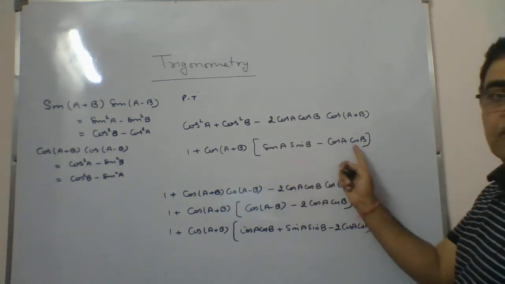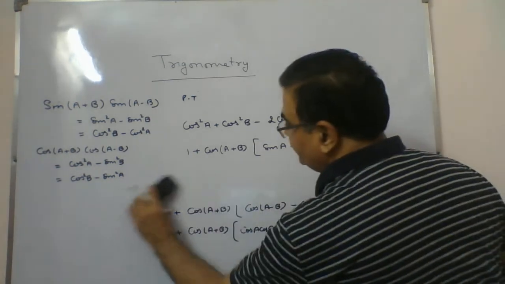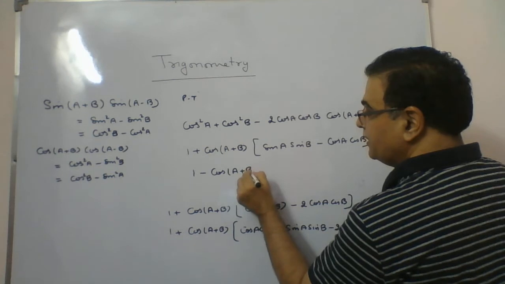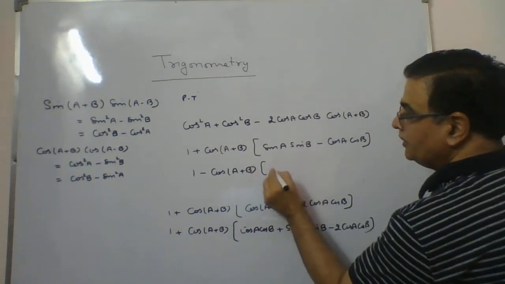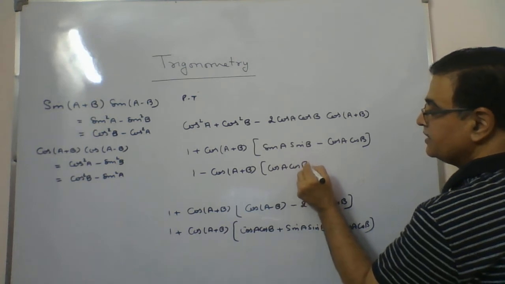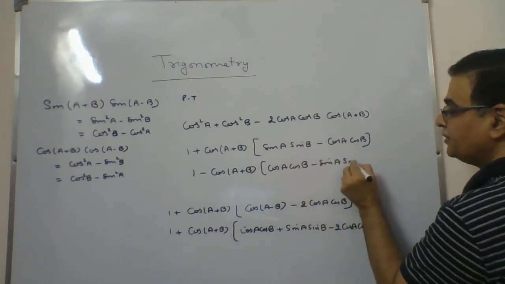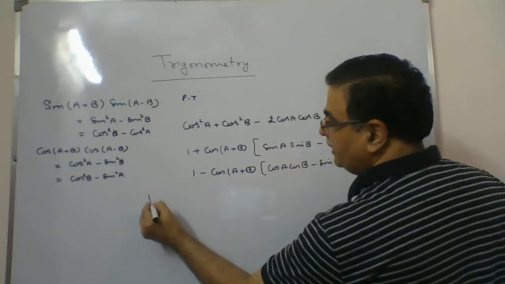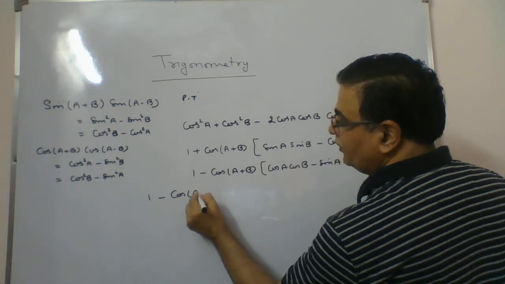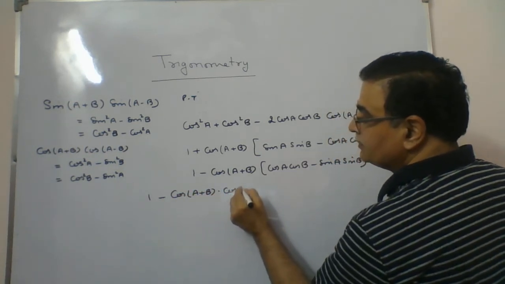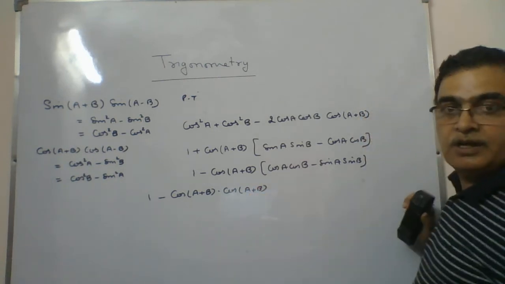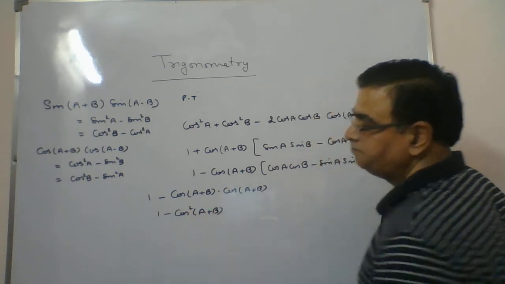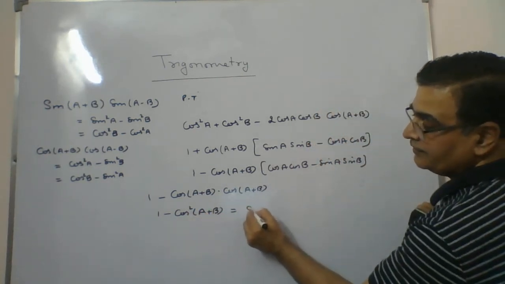And it is again a reverse formula, so we should take minus common from it. So I should write this as 1 minus cos of A plus B, and then this come out to be cos A cos B minus sin A sin B. And then it is clearly a formula of 1 minus cos of A plus B into cos of A plus B. And now when you solve it, it will come 1 minus cos square A plus B. And 1 minus cos square theta, you have done it is sin square theta.